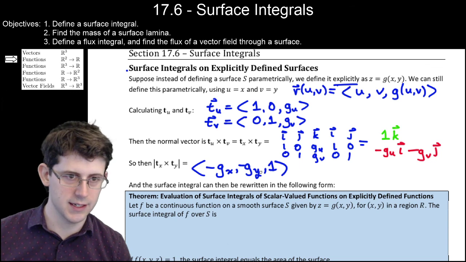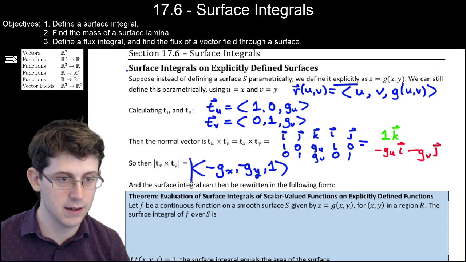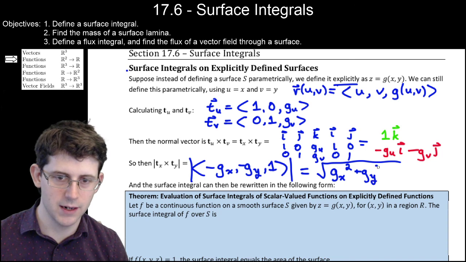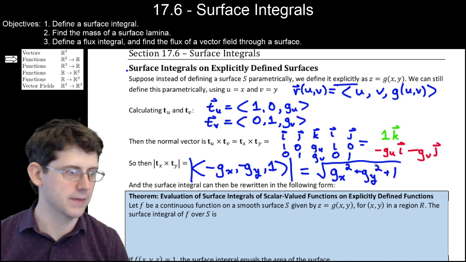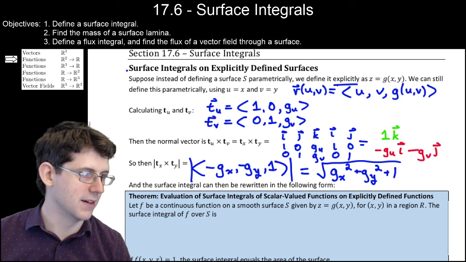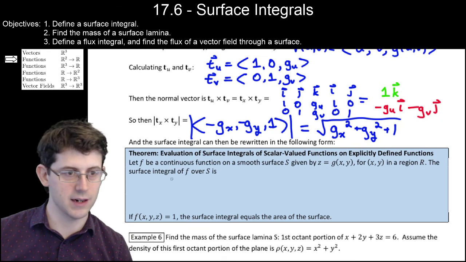Oh wait, this is just the vector. The Jacobian would be the magnitude of this vector. So that's the square root of gx squared plus gy squared plus 1 squared. So that's our multiplier, our factor. That's going to go in our integral.